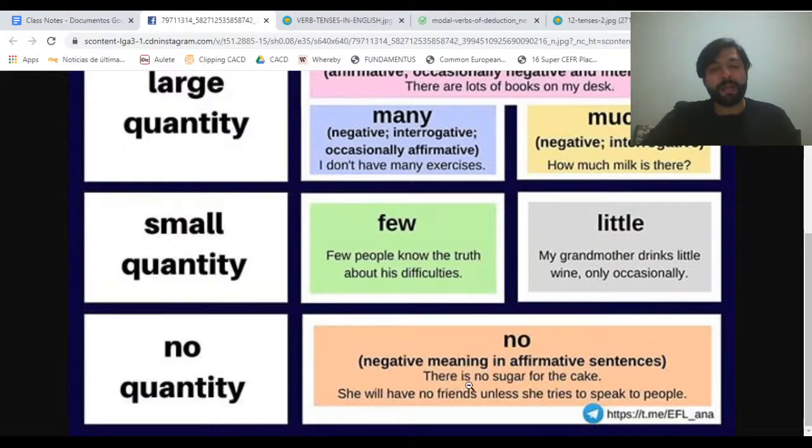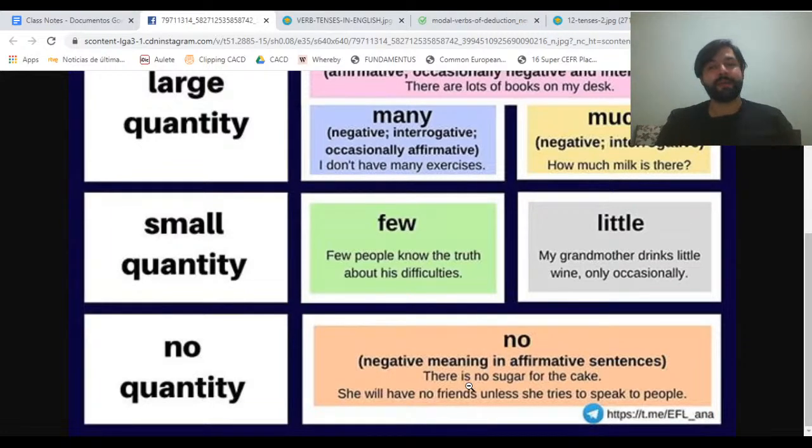For example, there is no sugar for the cake. The verb is affirmative, there is, but then no transforms everything into negative. So there is no sugar for the cake.